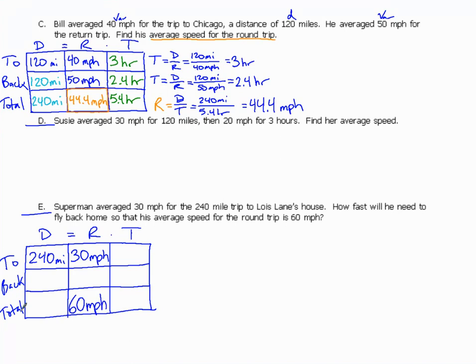Now, we have a lot of empty boxes, and it's going to be the same as the previous examples. We know how far it was to get there. We're going to assume it's the same distance to get home, 240 miles. 240 plus 240, round trip 480 miles.